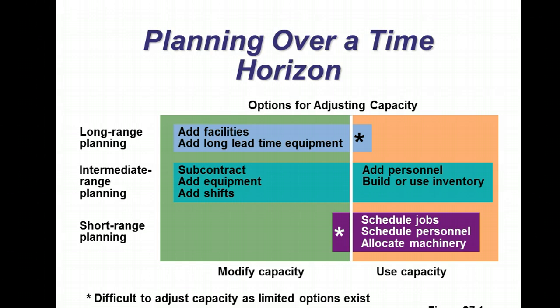Okay, short range, you can do what I was talking about in terms of scheduling jobs, scheduling personnel, allocating machinery. So again, you can make some changes, but if you all of a sudden say, hey, for the next 2 months we're going to be working constant overtime, some people may look forward to that, and other folks may go, no way.